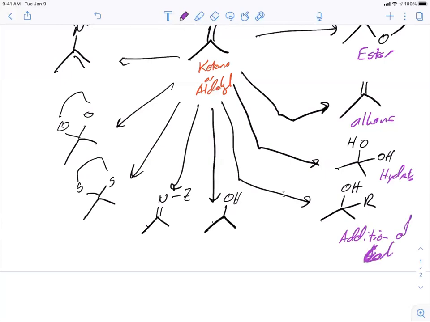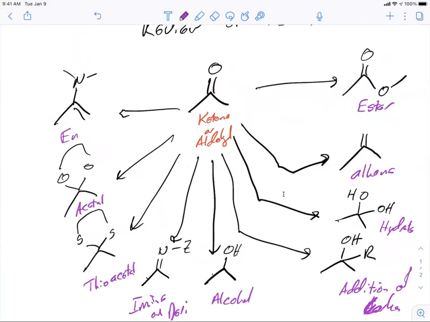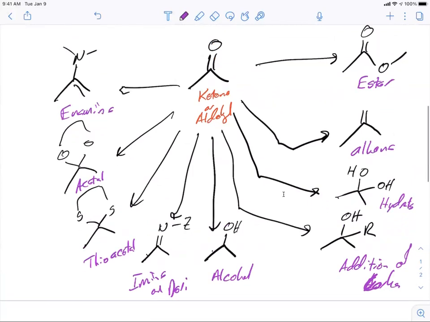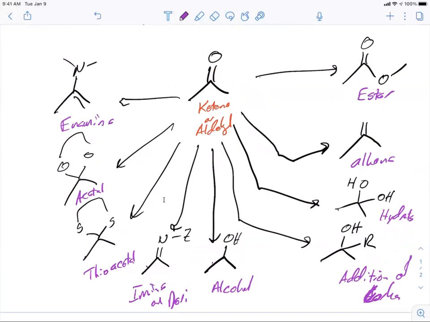Here we've got an alcohol, an imine and derivatives, a thioacetal, an acetal, and an enamine. We can do this with many functional groups, and it's a good thing to start doing. And you noticed in this case, I've left out all of the reagents.